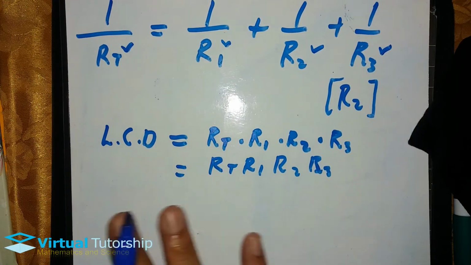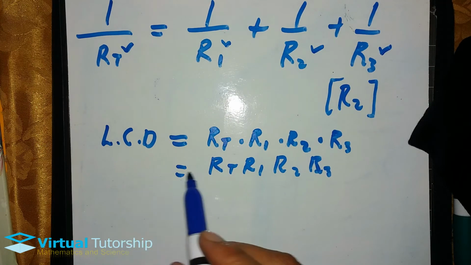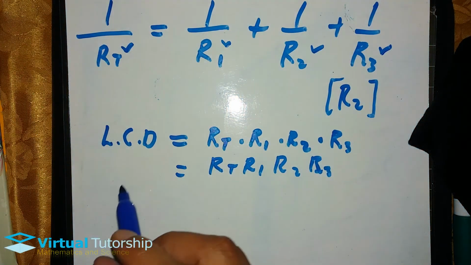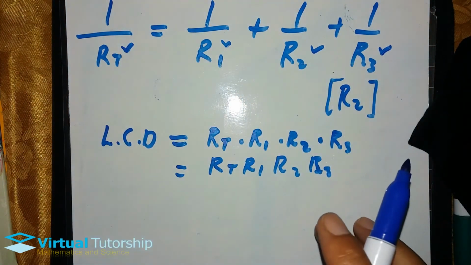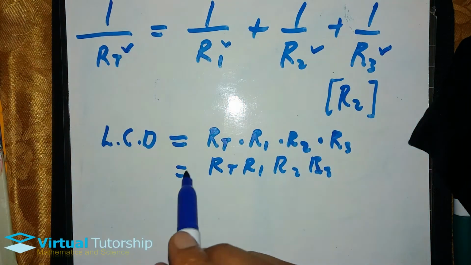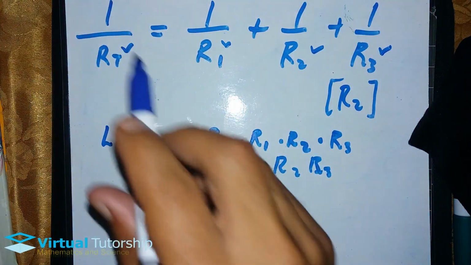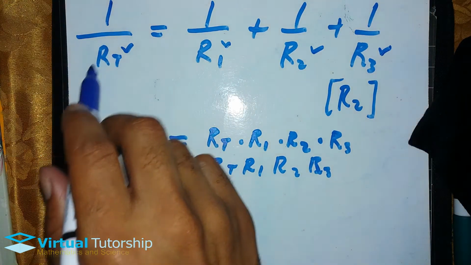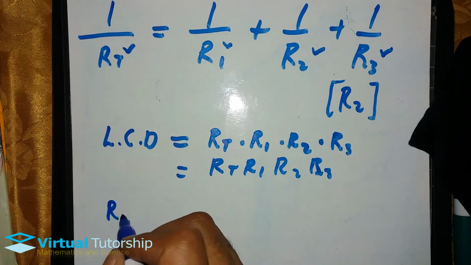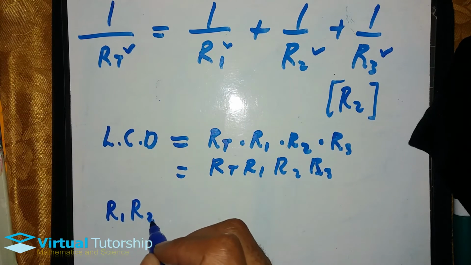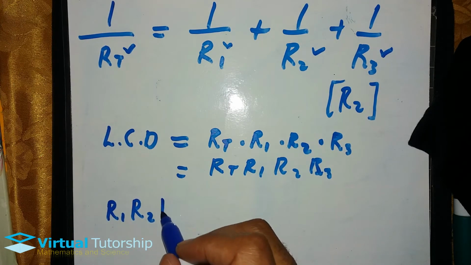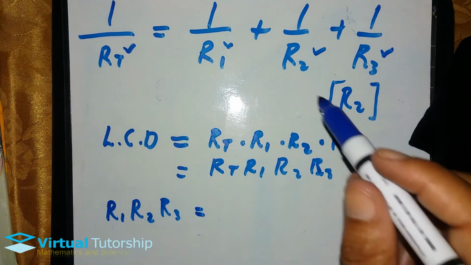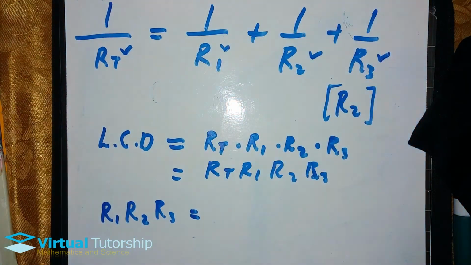So look, since I have space here, what I will do is take my LCD and multiply this fraction by it. I said multiply each term in this equation. So I take my LCD and multiply this fraction 1 over RT by this LCD. This RT will cancel with this RT, leaving R1, R2, R3 equal to, take the very same LCD and multiply this fraction.